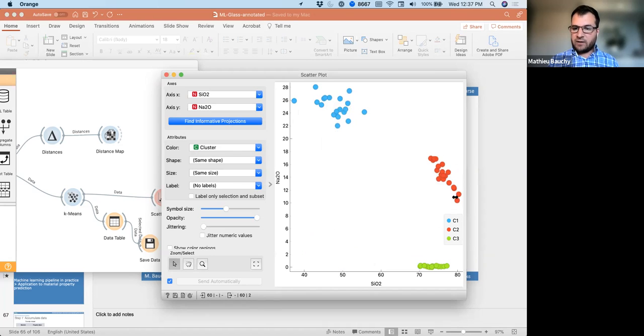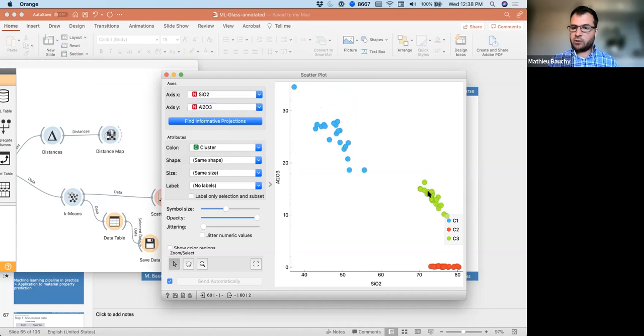And then you have the last group of glasses, sorry, I'm getting tired. The last group is the green glasses. The green group of glasses contains a lot of silica, and contains very little sodium. In terms of alumina, it contains some aluminum and it contains some calcium.